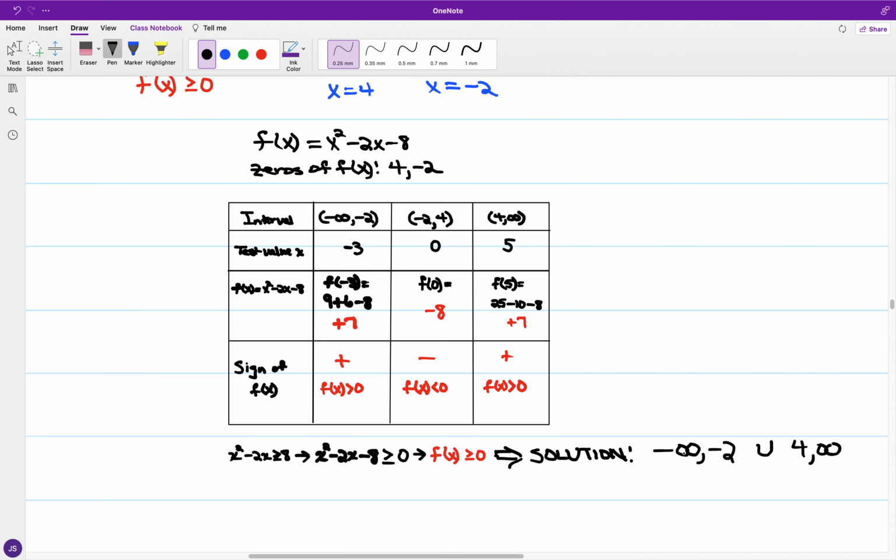For the enclosures, infinities are boundless, so they stay in parentheses. For the equal to part, there is potential for brackets, and both -2 and 4 make the equal to 0 portion possible. So -2 and 4 are both going to be in brackets. This will be our interval solution.